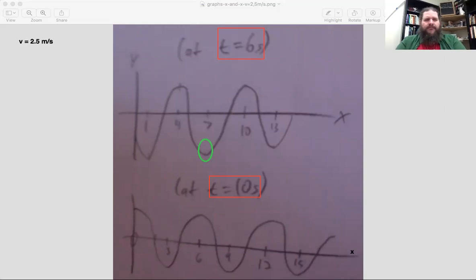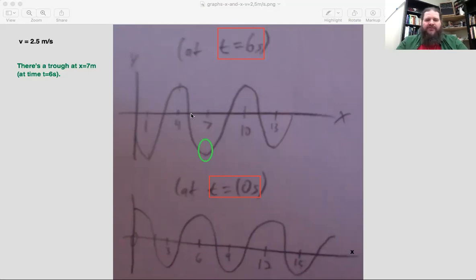At time 6 seconds. What we want to know is which trough in the other graph is the same trough at 10 seconds. And how much time passes between those graphs? Because so far we don't know if that's the same as this trough or this trough. Yeah, these graphs are 4 seconds apart.